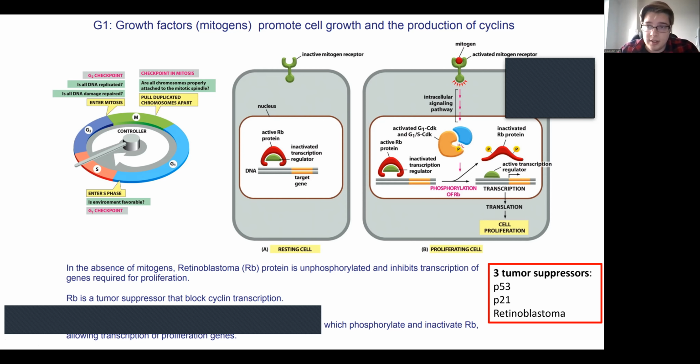So if all that is good and it can all get fixed, we then go through mitosis. And we reach a checkpoint in mitosis, which is asking, are all the microtubules attached to kinetochores of the chromosomes so that we can easily pull them apart during anaphase and telophase?